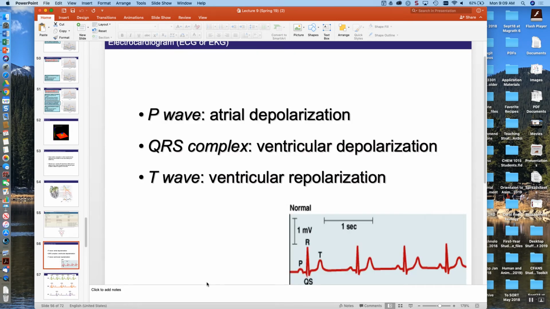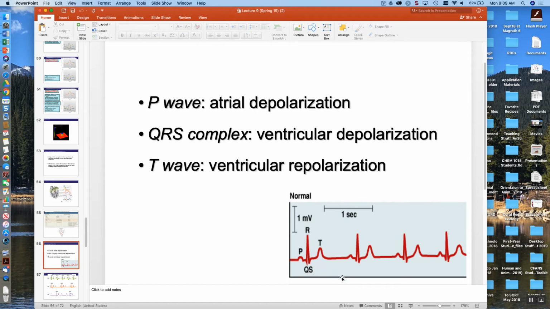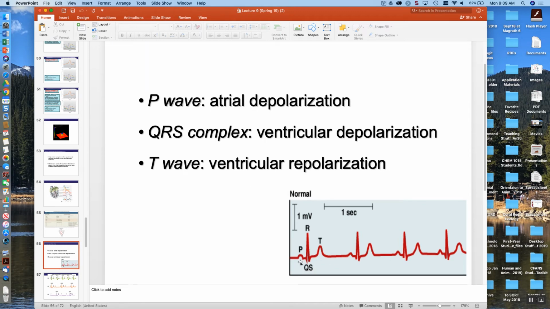Here's what I've already talked about, but if you need some text associated with the P wave, QRS, and T wave: remember the P wave is atrial depolarization. You can see that down here, P wave. QRS is ventricular depolarization, and then the T wave is ventricular repolarization.